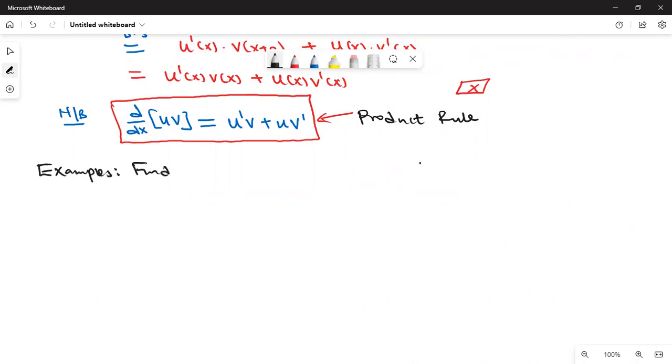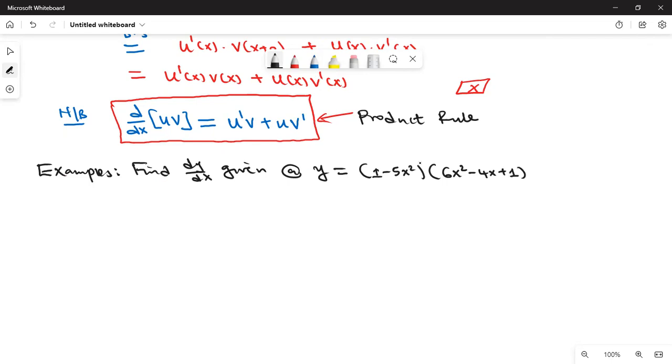Find dy over dx given that in part A, y is equal to 1 minus 5x squared times 6x squared minus 4x plus 1.